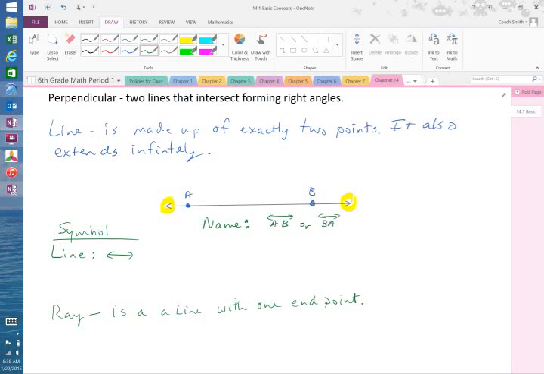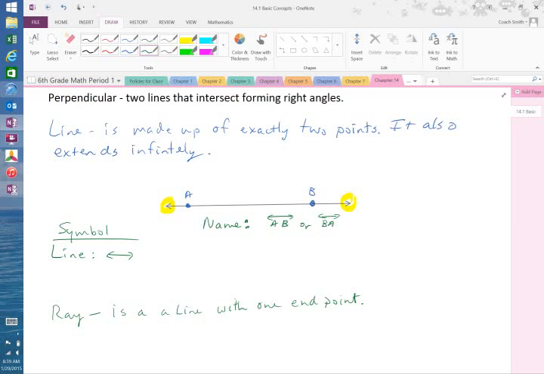Now, this one is a little confusing because some books will say since that line AB has a point right here, they would call that an end point and say this is ray AB or it's ray BA.